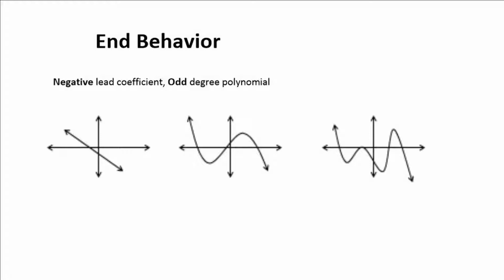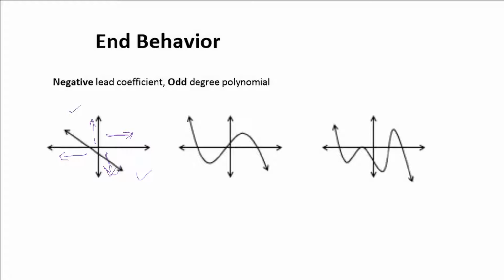The ends will be in quadrants 2 and 4. In other words, as x goes to infinity, our function values get smaller, or f of x goes to negative infinity. Similarly, as x goes to negative infinity, so as our x values get smaller, our function increases, or f of x goes to positive infinity.